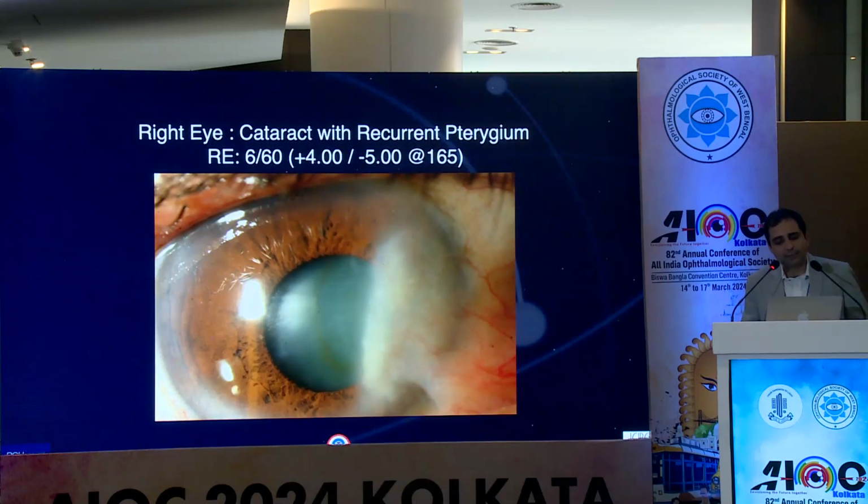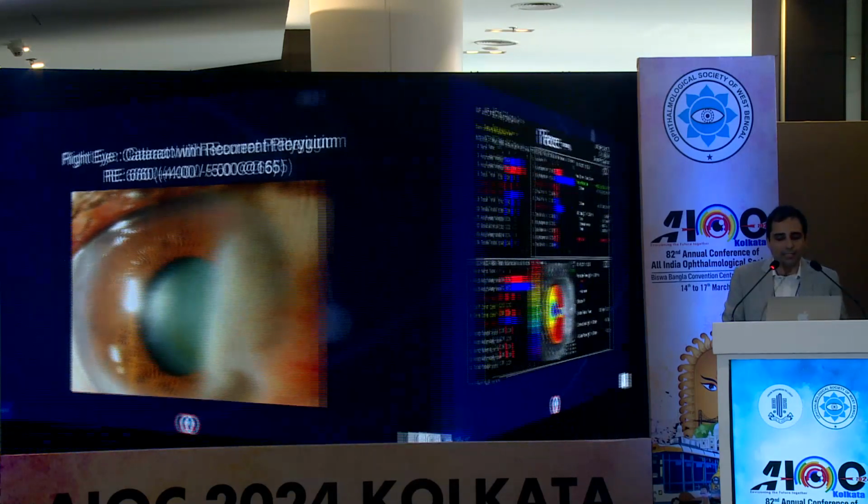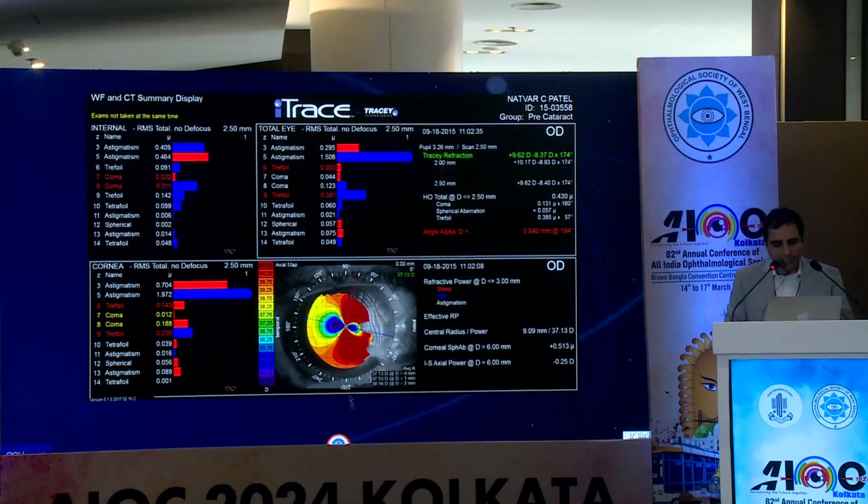This is an interesting patient, a patient with a thick vascularized recurrent pterygium who absolutely refuses pterygium surgery, is not interested in a repeat pterygium surgery, and has a significant cataract and, as you can see, not a very well dilating pupil. And if you see, there are a lot of irregular aberrations coming from the cornea due to the pterygium.